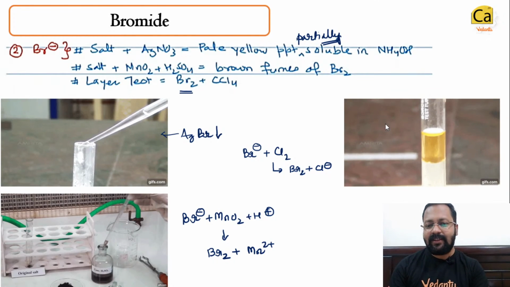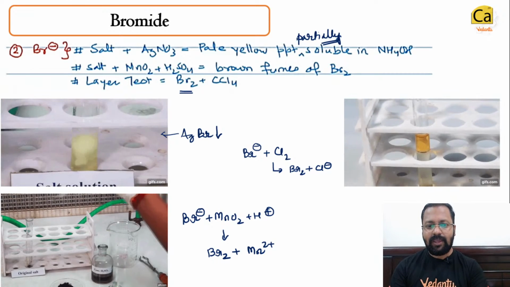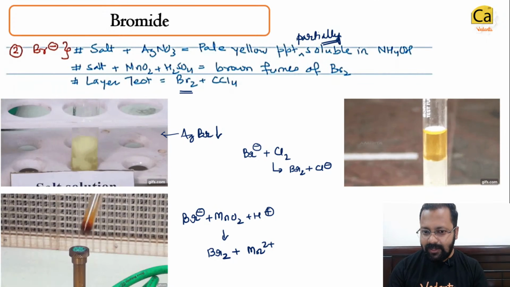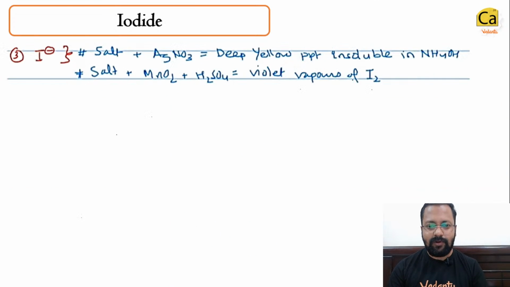The next ion that we would talk about is iodide. Okay, so iodide, again two reactions देख लो. दो अभी तक आपको समझ में आ गया हो कि MnO2 के साथ क्या होने वाला, AgNO3 के साथ क्या होने वाला.